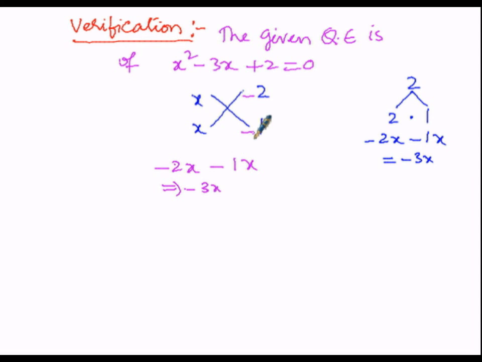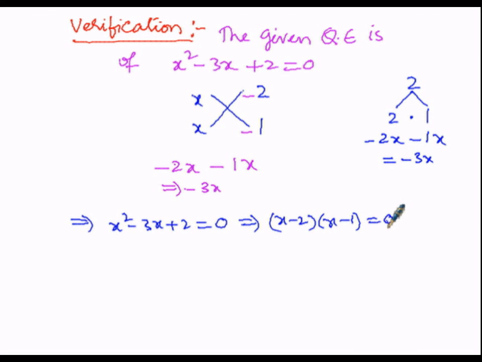Therefore, while writing the factors, the given equation x square minus 3x plus 2 equals to 0 implies the first factor is x minus 2 and the second factor is x minus 1. We have to write horizontally, so both must be equated to 0.